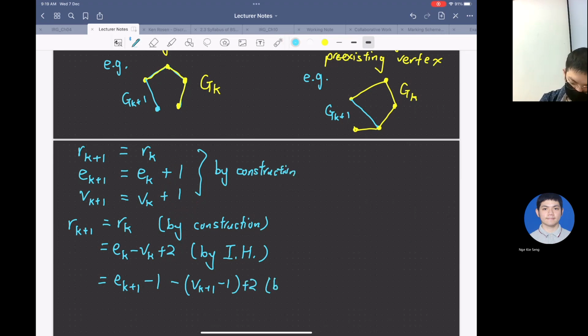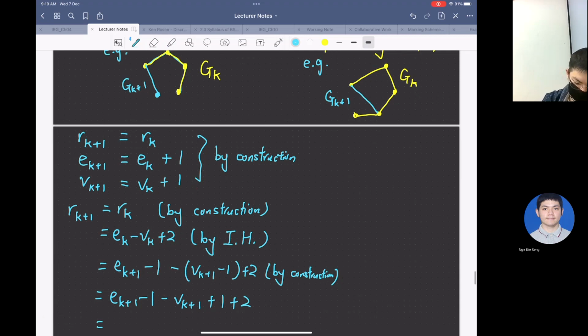Plus 2. And then what you get is EK plus 1 minus 1 minus VK plus 1 plus 1 plus 2, which is EK plus 1 minus VK plus 1 plus 2.